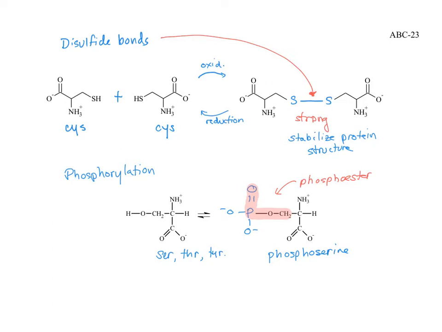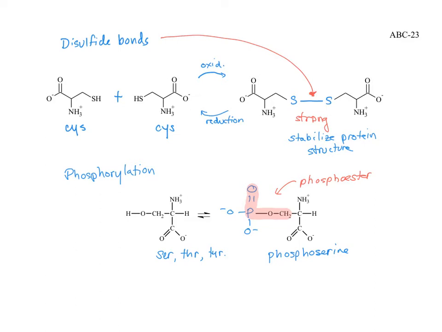When we take an alcohol like serine or threonine, for instance, or tyrosine that we see over here, it's polar, but it's neutral. And when we phosphorylate it and put a phosphate group on there, we take away the alcohol and we end up with something that has one or two negative charges on it. So we go from a neutral but polar amino acid to a polar, highly charged, highly water-soluble amino acid, able to ionically interact with positive charges.